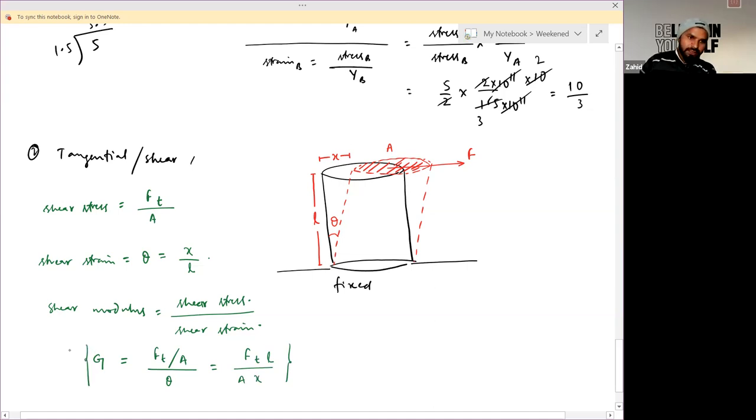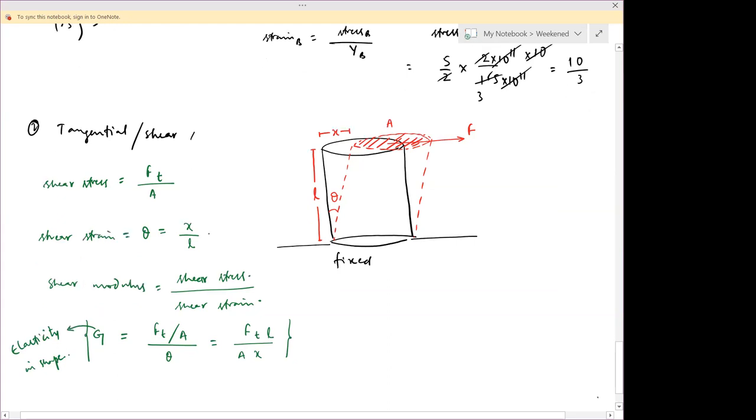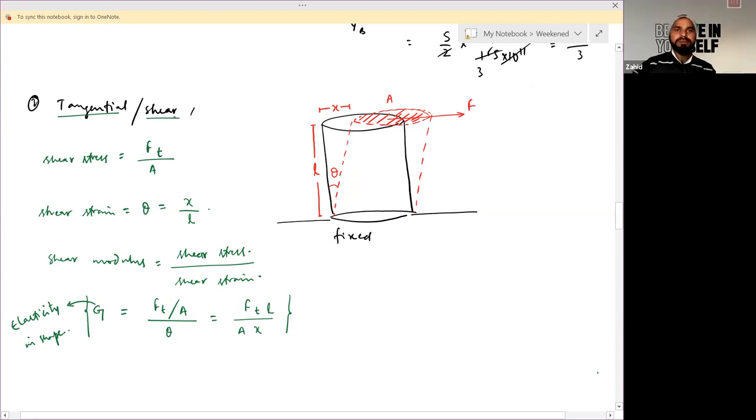Now this G will define elasticity in shape of that particular object. So this may be termed as elasticity in shape. Is it clear? Yes. Wahid, any doubt? Okay, just write it down.